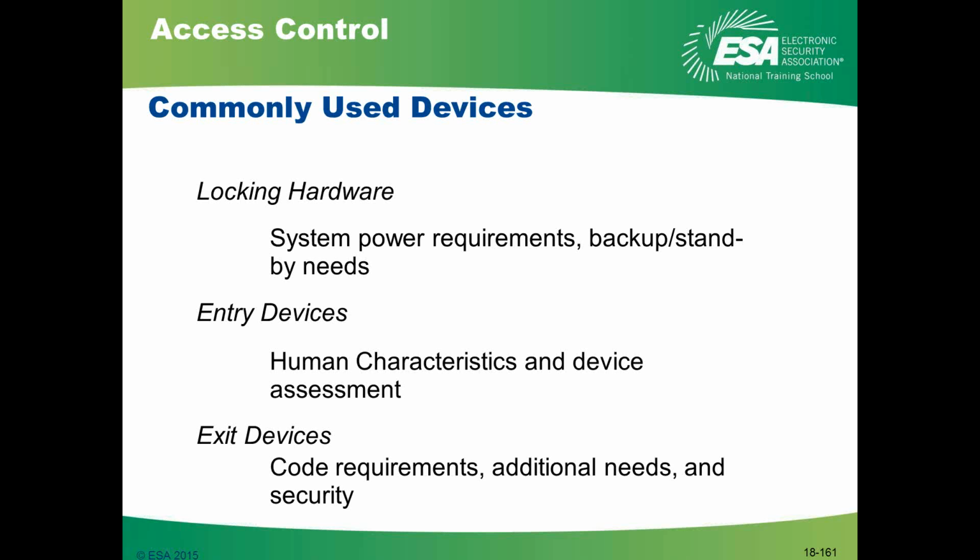Those are two terms you may hear as you're discussing access control, ingress and egress, because there are times when the fire officials want to make sure that they can come in certain personnel doors to fight the fire at that location.